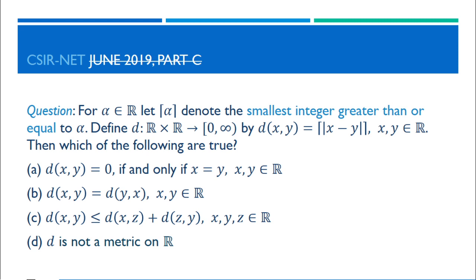Then x is equal to 0.2 and y is equal to 0.1. Is rho of x, y equal to 0? Not exactly. We are using the smallest integer greater than or equal to alpha.